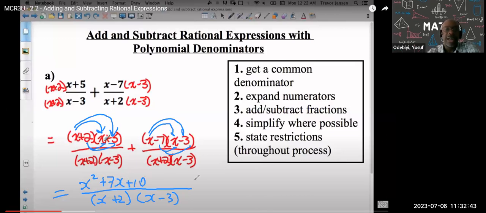And then over here, when I'm done with this, I'm going to have here x, so it's plus x squared. And then I'm going to have negative 3x, negative 10x. And then I'm going to have negative 3 times 7, which is going to be plus 21.